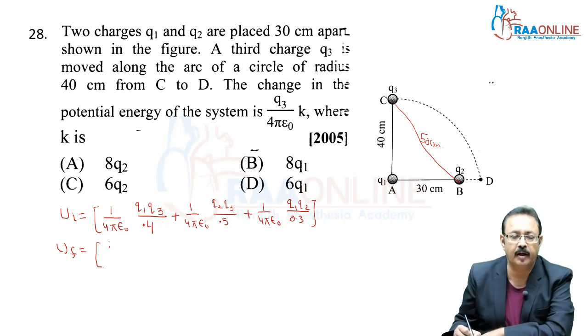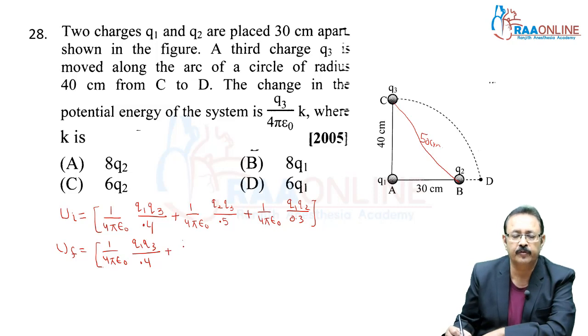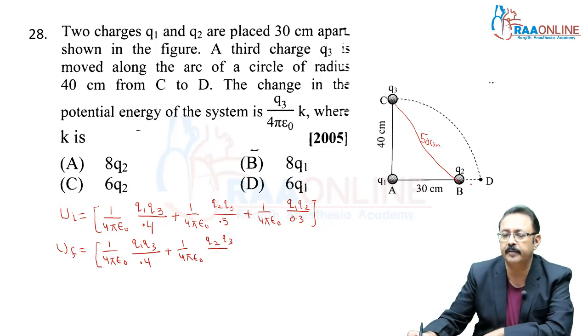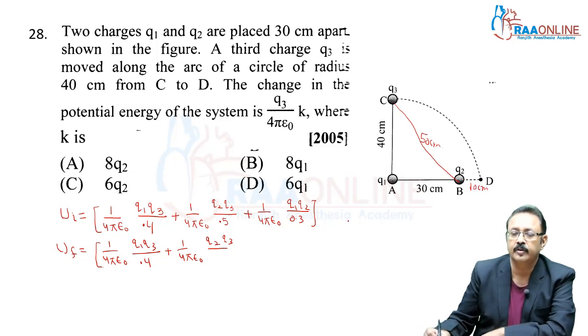So 1 upon 4 pi epsilon naught Q1, Q3 divided by 0.4, since the distance from Q1 is the same. But it is nearer to Q2, so 1 upon 4 pi epsilon naught Q2, Q3, and now the distance is only 10 centimeter, so 10 upon 100 means 0.1.